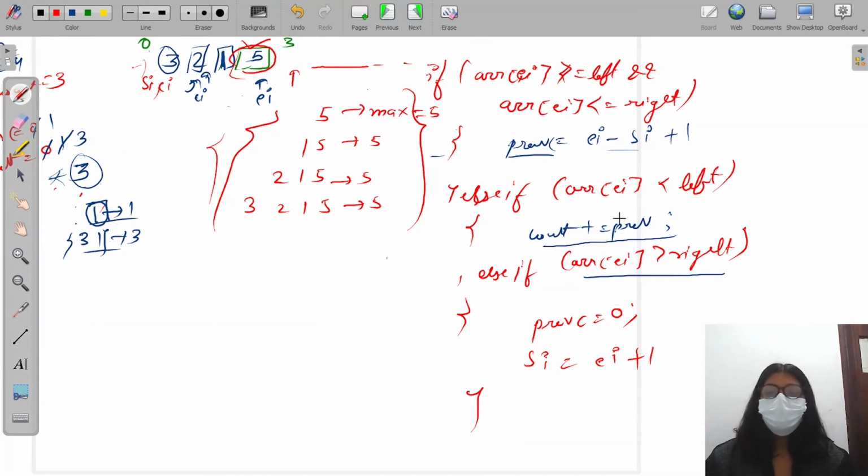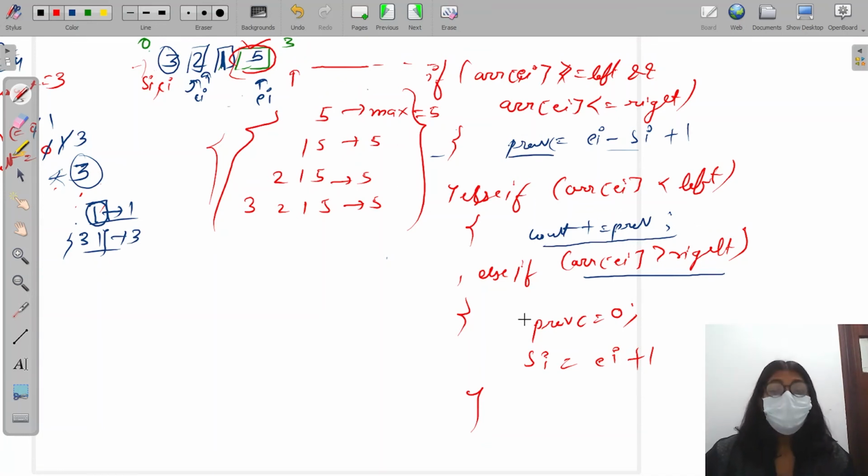If it's lesser than my lower, that is if that particular element is lesser than my left, then I'm going to add the previous count to my count, and only discard the subarray that contains only that particular element which is lower than my left. It has only that one element, and that one element is going to be the max for that subarray. So we have to discard only that count. Otherwise we are going to include previous count to my count.